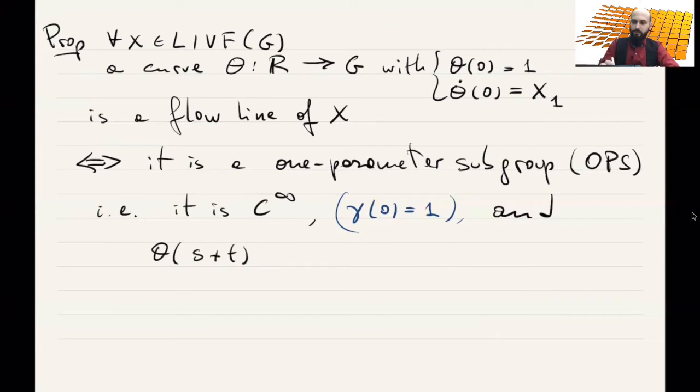In R the operation is the sum, and this is the product on the group, and this holds for all s and t in R.